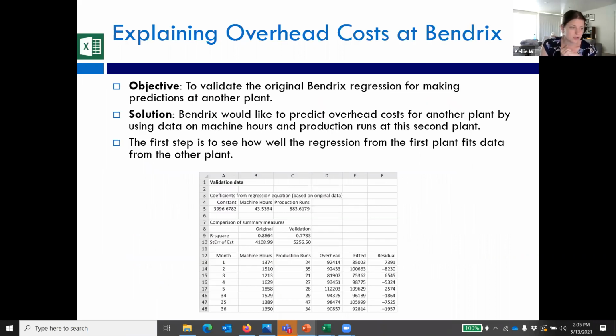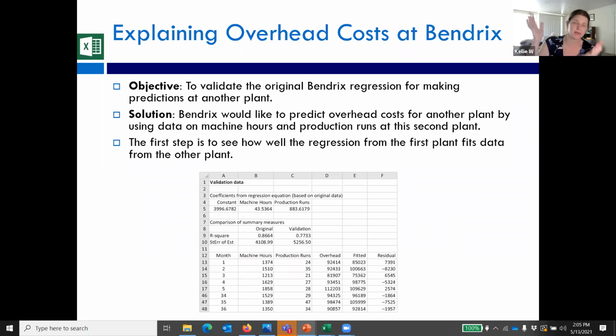holds. So if we wanted to validate our original regression at Bendrix for making predictions at another plant, so we're trying to predict overhead costs for another plant, but we're using the regression that we used for the original Bendrix plant.